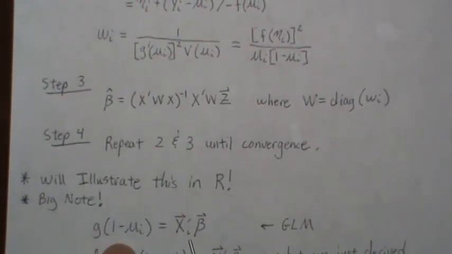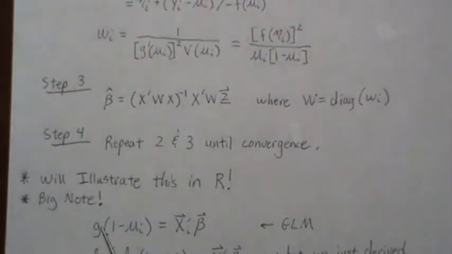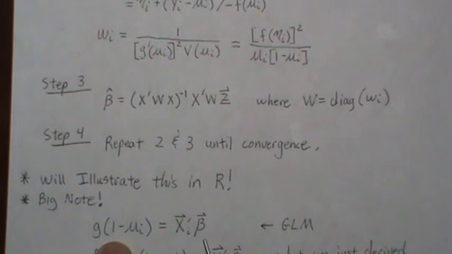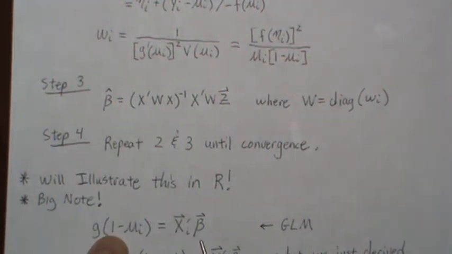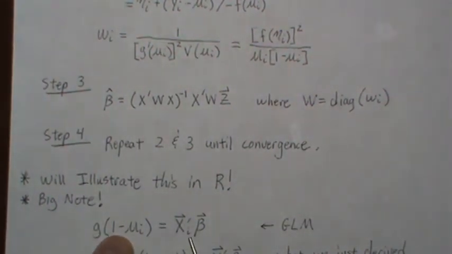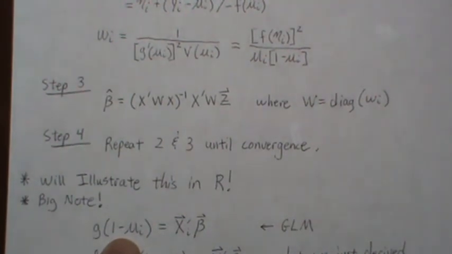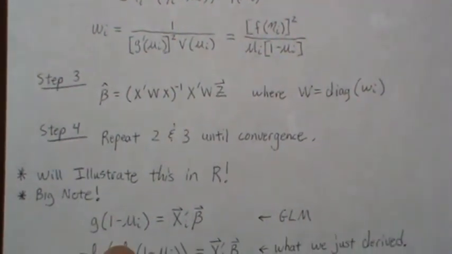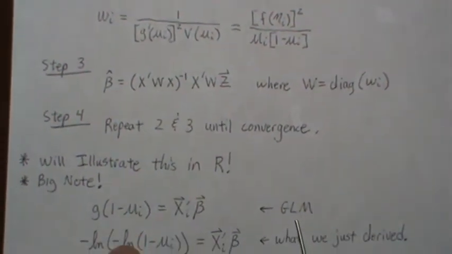So in GLM we take our link function of the means, and we get a linear combination. And here, we're going to do 1 minus the mean, the complement of the mean. Then that's the generalized linear models.